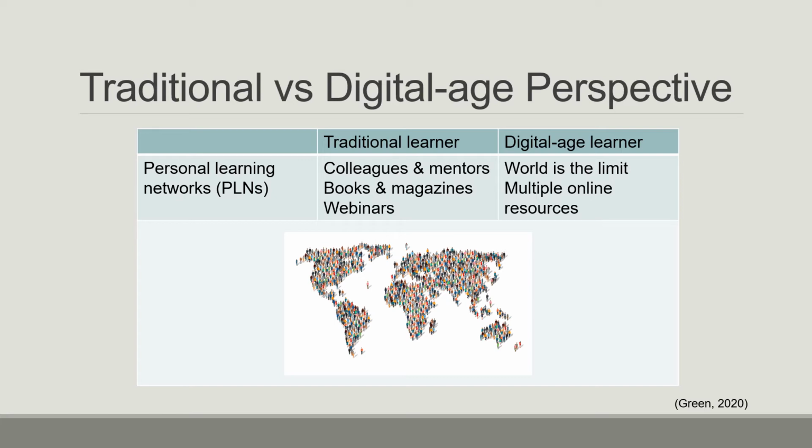Digital age learners expand their networks by including blogs, wikis, various websites, and video channels to learn about topics that are of personal interest. With one click of the button, they collect information from all over the world from multiple resources to glean knowledge.